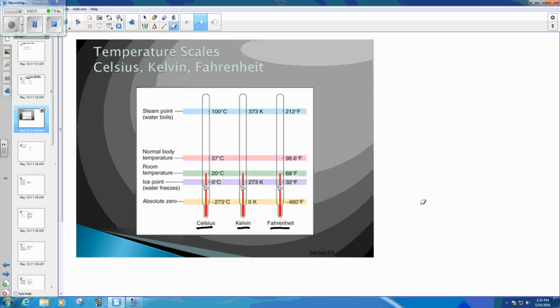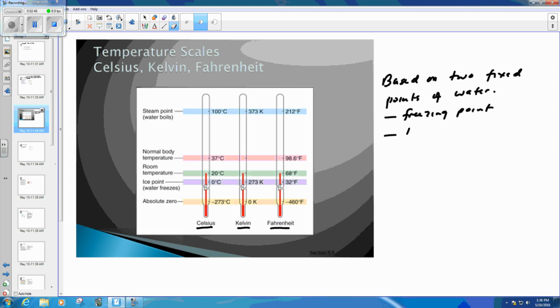These are based on two fixed points of water. We have the freezing point and the boiling point.